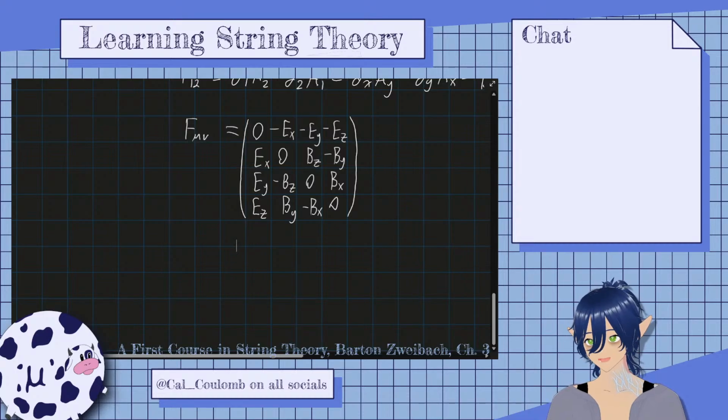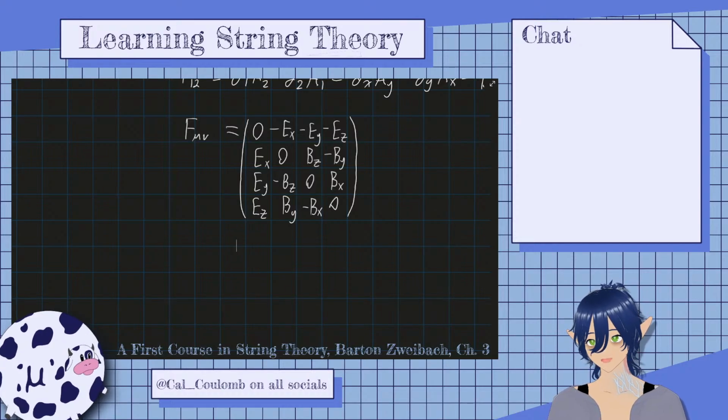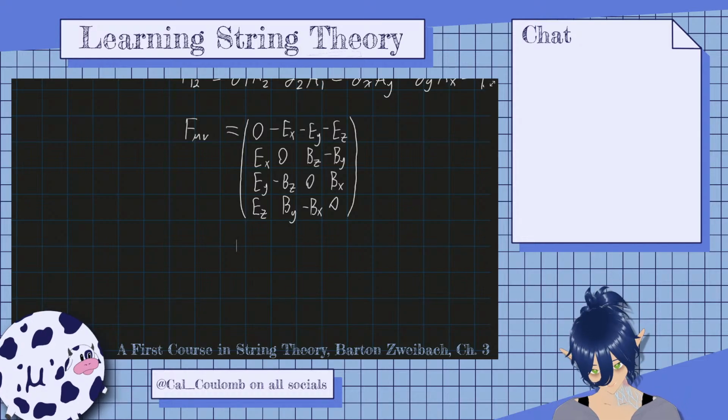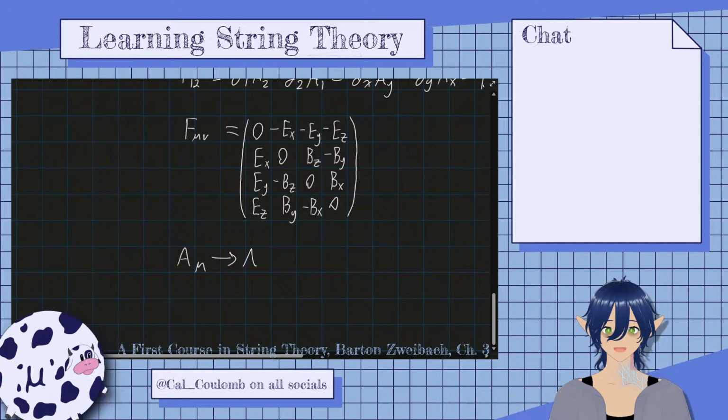We see that the electric and magnetic fields E and B are encoded in the field strength tensor F mu nu. The gauge transformations 3.10 discussed before can be nicely summarized with the index notation as A mu goes to A prime mu, which is equal to A mu plus partial mu epsilon.